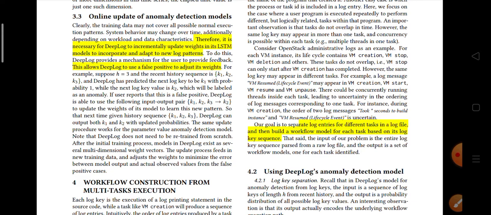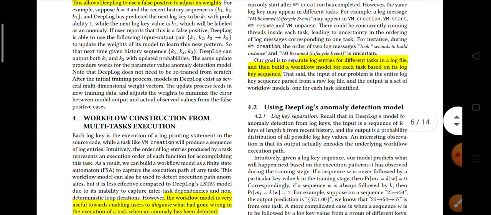These types of devices will generate different types of log files. So we need to separate those tasks from the log file based on the log key sequence. So log key separation is the next task in workflow construction for multitask execution.